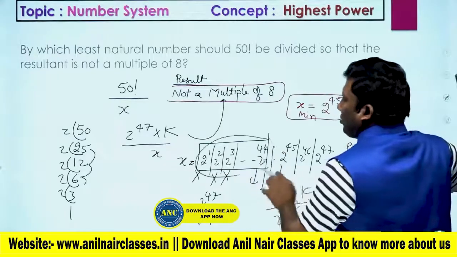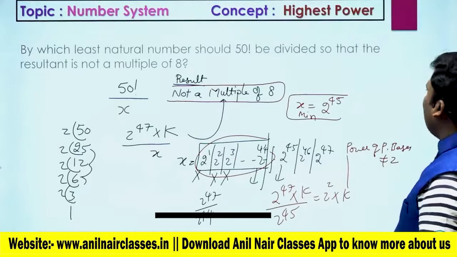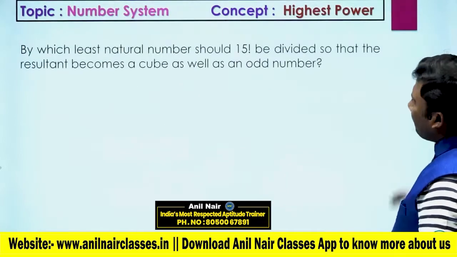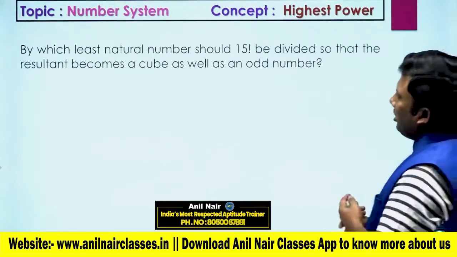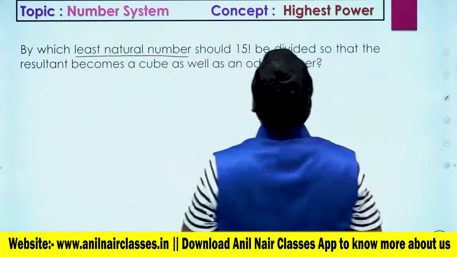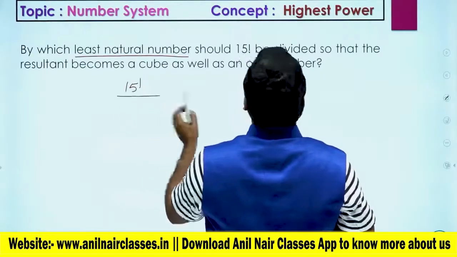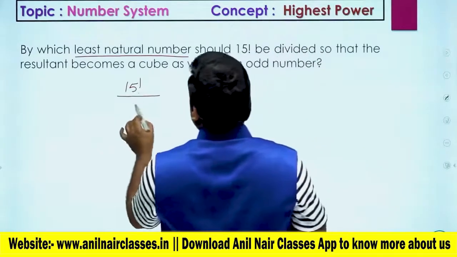All these powers of 2, if I keep it in x, that will make the resultant a multiple of 8. Next question: by which least natural number, smallest natural number, should 15 factorial be divided?